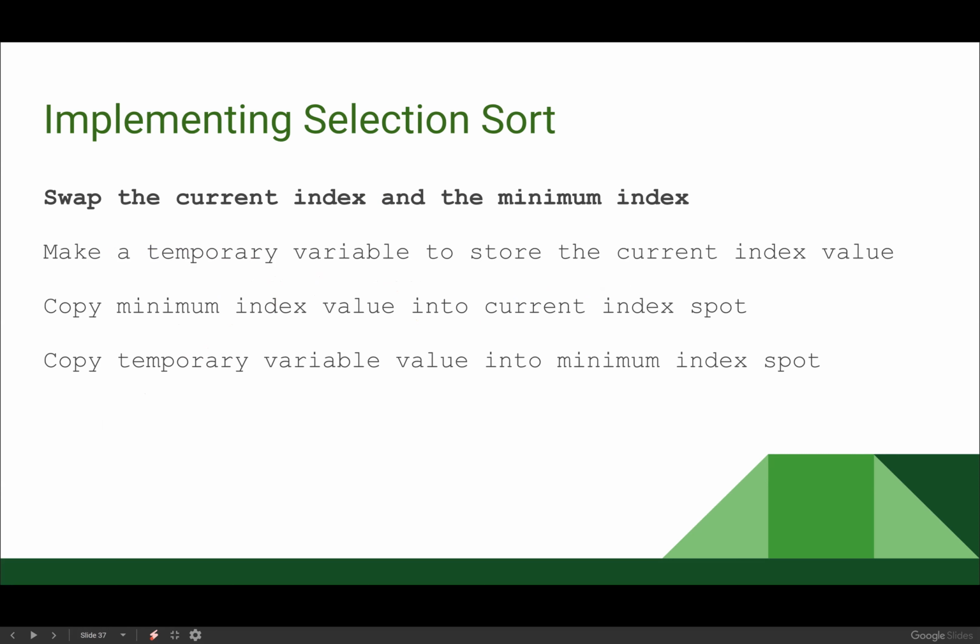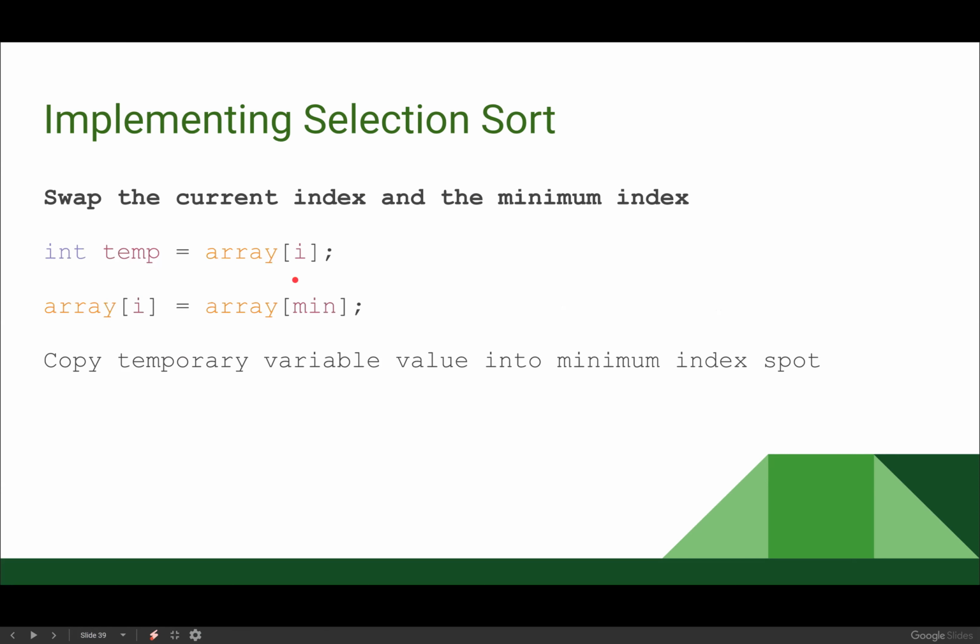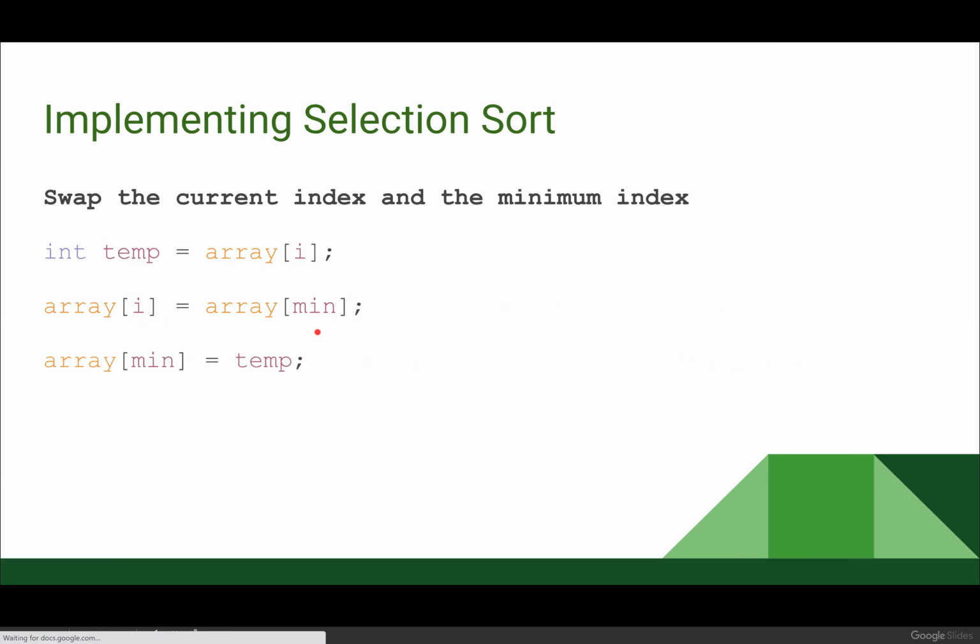We're going to copy the value from the minimum index into the current spot and the temporary into the minimum spot. So we make a temporary equaling whatever's at index I. We say our array at index I is going to equal whatever was at the array at index of the minimum value. And then we copy that temp value into our array at the minimum index.